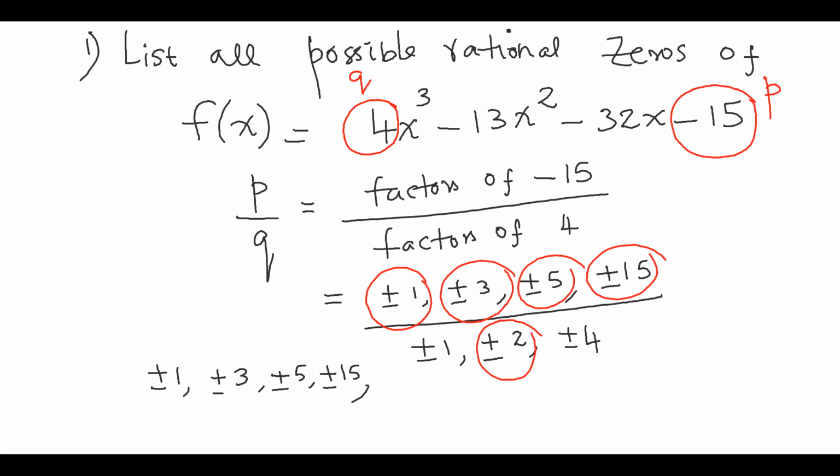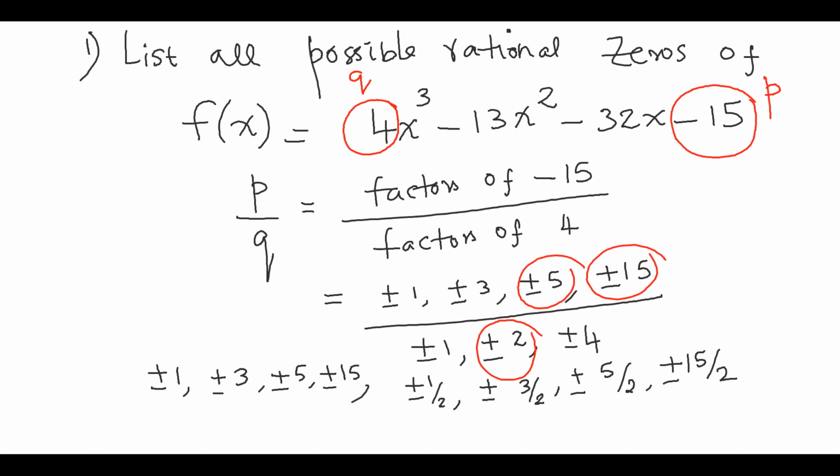So we get plus or minus 1 half, plus or minus 3 halves, plus or minus 5 halves, and 15 over 2. So we are done with dividing everything by 2. Next, we are going to divide everything by 4. So 1/4.